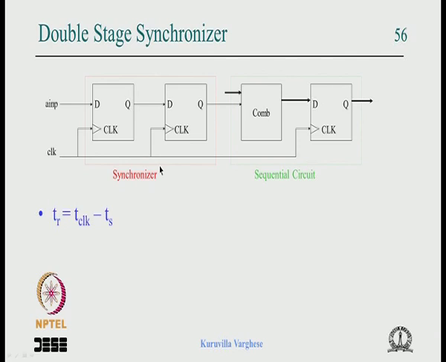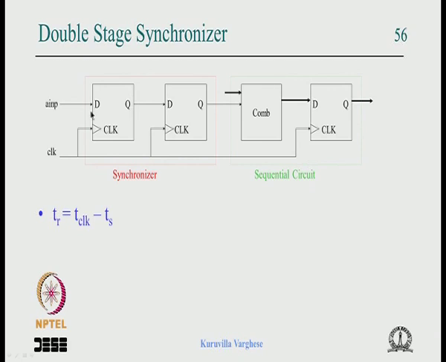So the metastability resolution time of the first flip flop in a double stage synchronizer is now increased. It is T clock minus T setup. Earlier, with one stage, it was T clock minus T comb minus T setup, okay. Now we have increased it, and nothing comes free. We know that when an input changes, it will take 2 clock cycles to propagate it here.